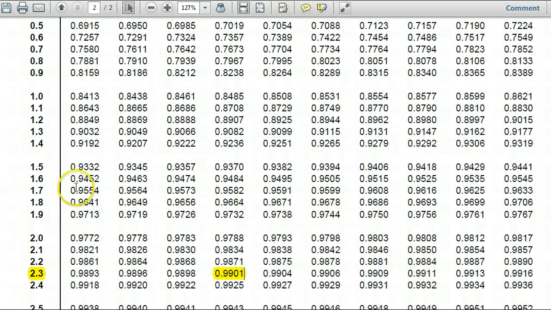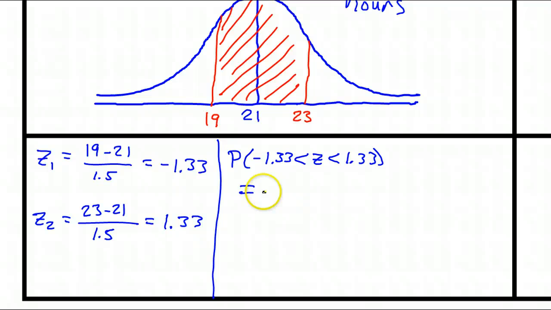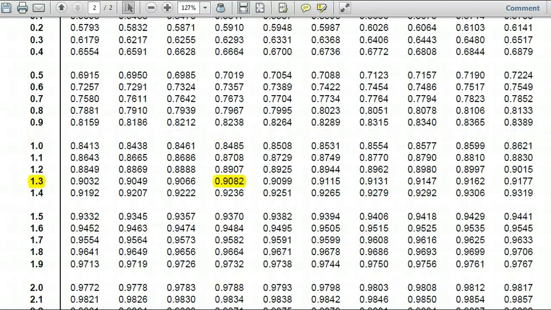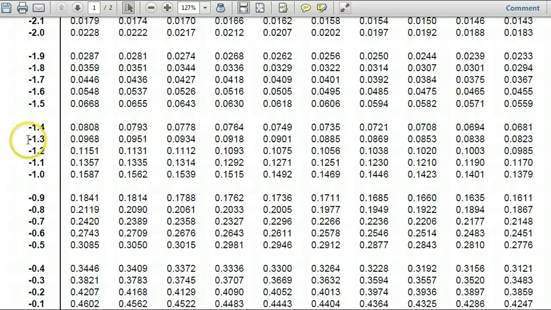Okay, so if I start with positive 1.33, so here's positive 1.3. So this is 1.30, 1, 2, 3. So that's our 0.9082. So we will be doing 0.9082 minus the proportion to the left of this z-score. So now let's go to negative 1.33. So there's negative 1.3. Okay, negative 1.30, 1, 2, 3.